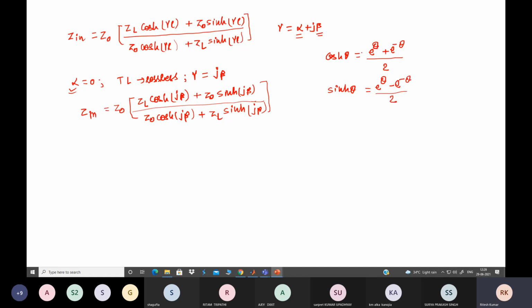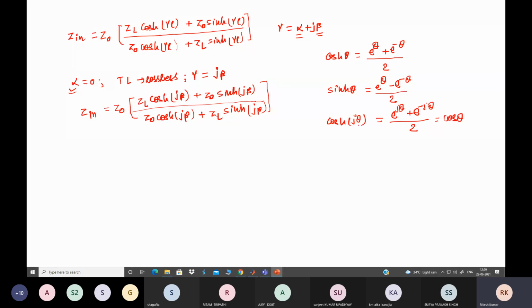Now if we substitute j theta instead of theta, for example cosh j theta, what will be the relation here? e to the power j theta plus e to the power minus j theta divided by 2, and this is equal to cos theta.